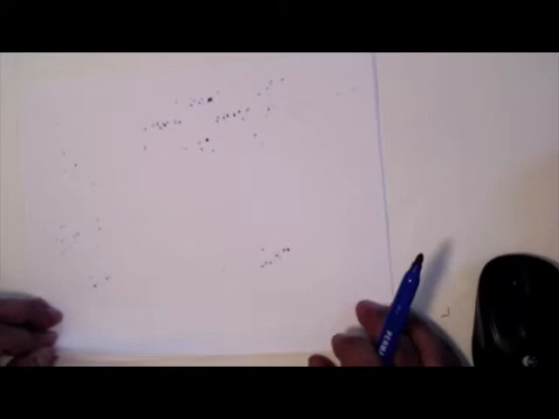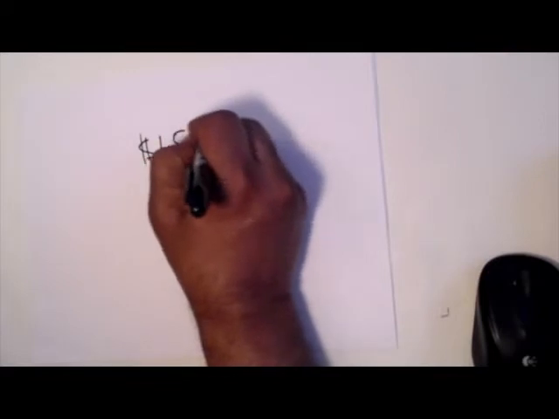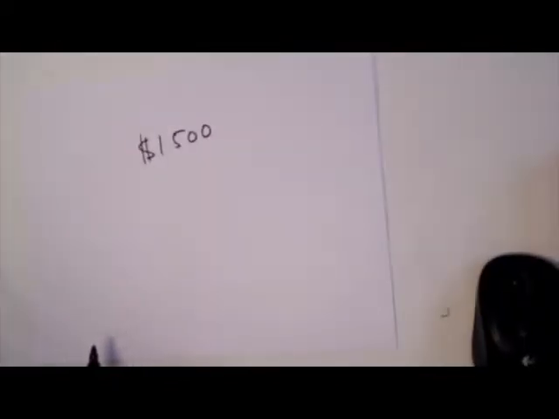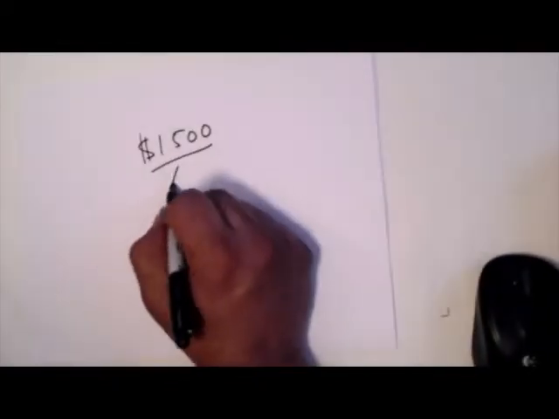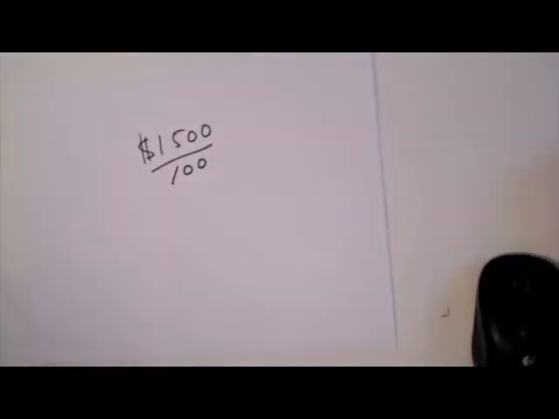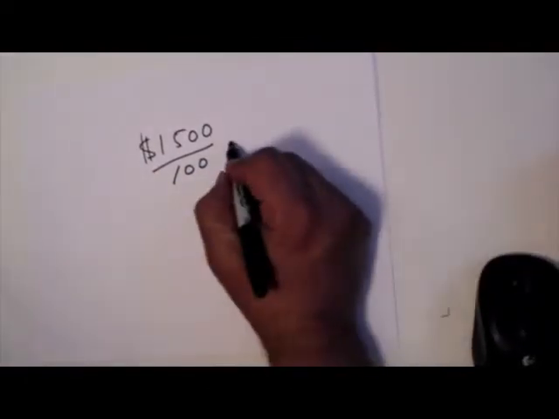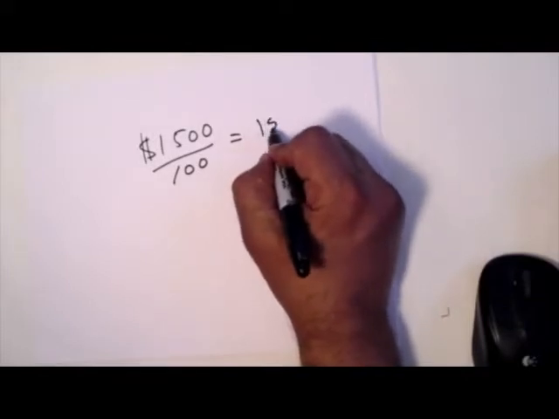Now we need to calculate the number of hundreds. We know that she borrowed $1,500. So we want to divide this into 100s, because our table is per 100, so there will be 15.